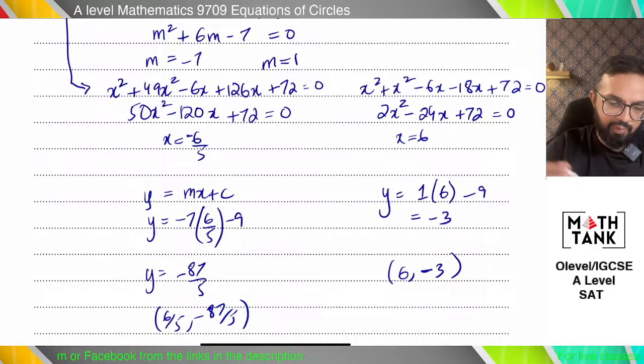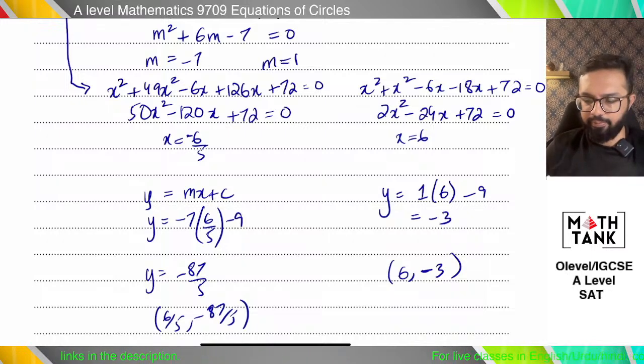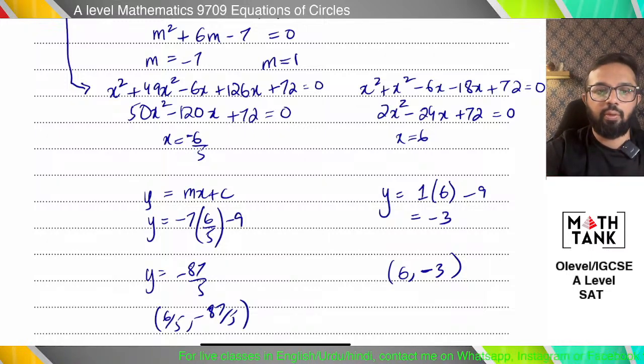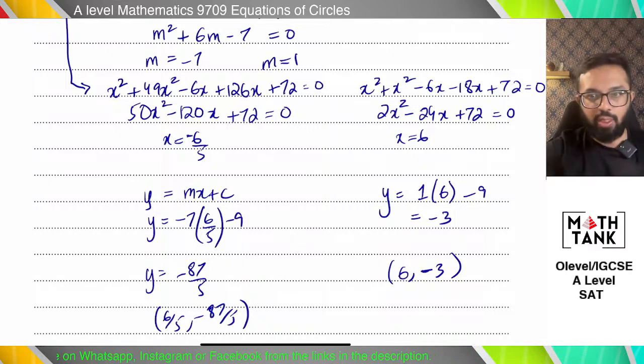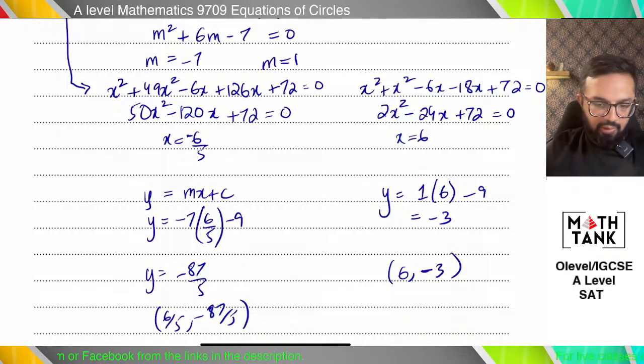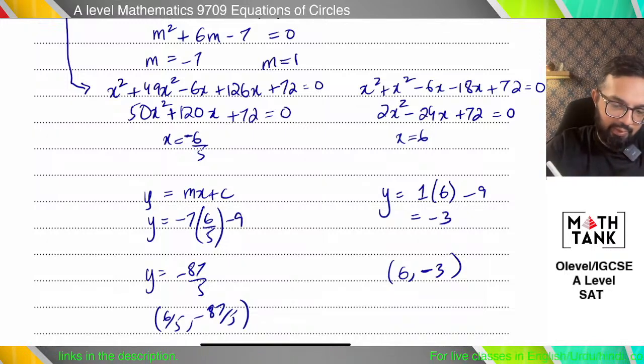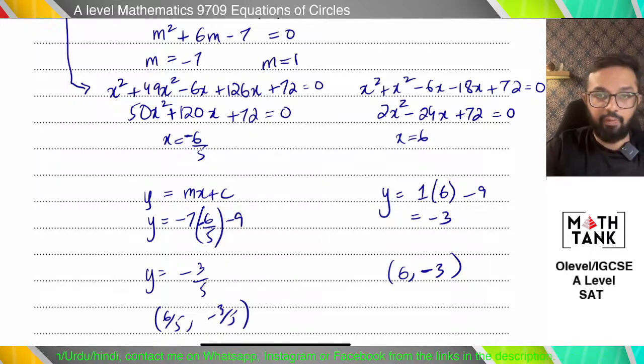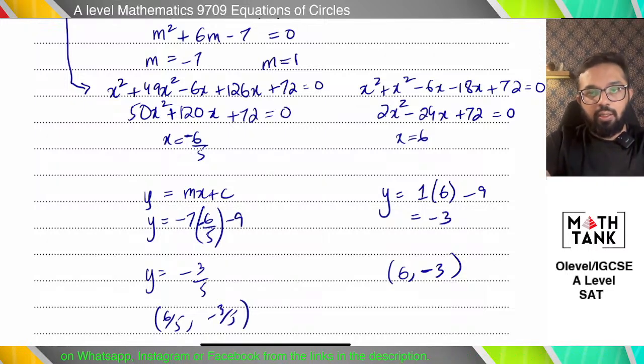This is minus 6 over 5. Did I get that wrong? Let me check if it was minus for me. It is minus, yes. So it's 3 over 5. Silly mistake. It's 42 minus 3 over 5, so minus 3 over 5. The rest is fine.